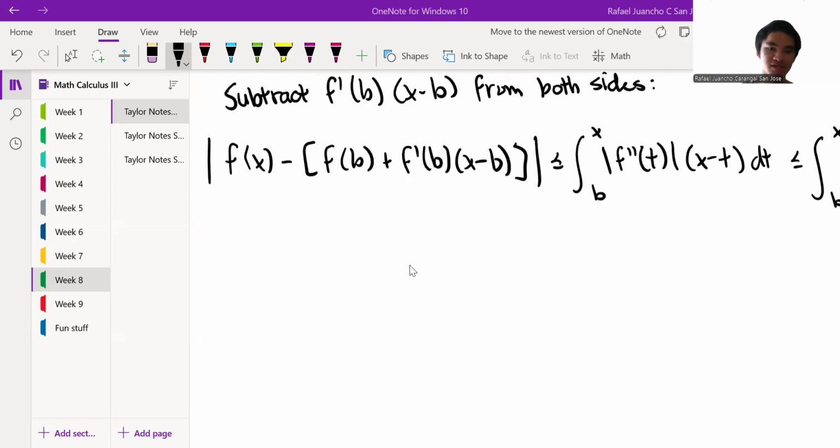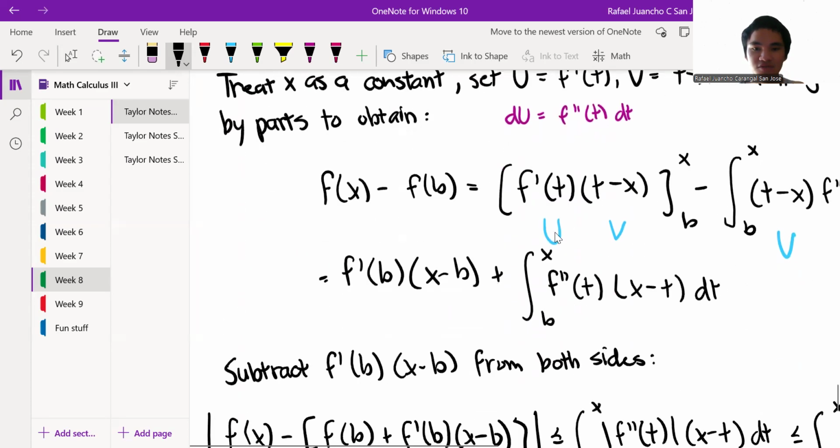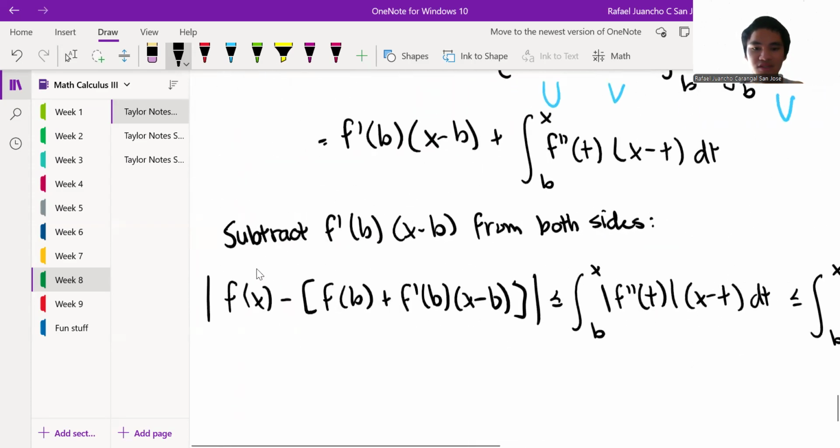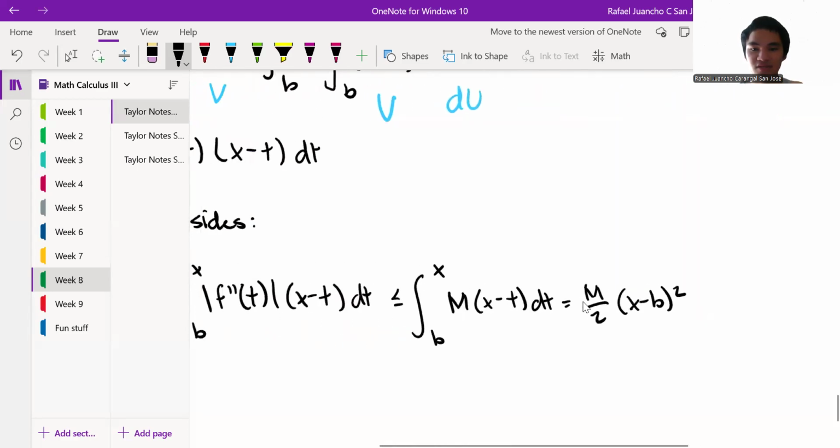And so the case when x is less than b is proved similarly. Oh, that's the bounds. I think, yeah, we just proved it. Why is this thing true? There. This thing, the error bound, is less than or equal to this thing.